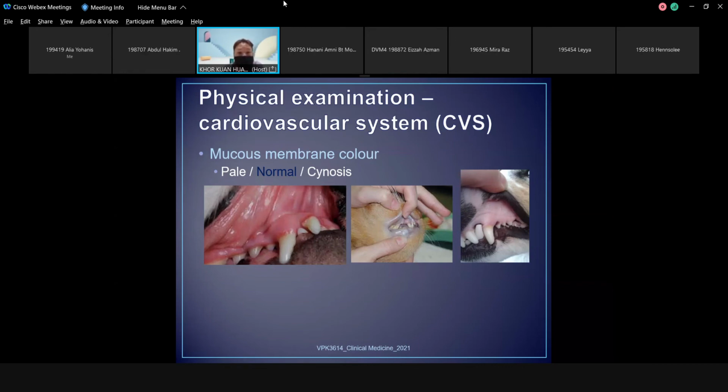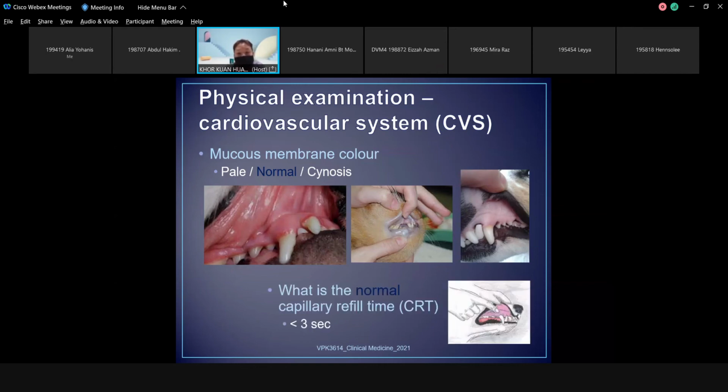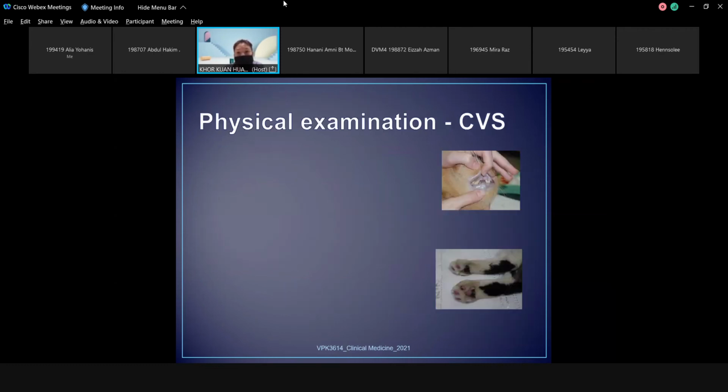Don't just keep saying CRT and then one day when you go into the exam you forget. It's okay to always use abbreviations, but you have to always remember CRT is capillary refill time and it should be normal, less than 3 seconds. Okay, so that's the first thing you want to do when you look at your case.